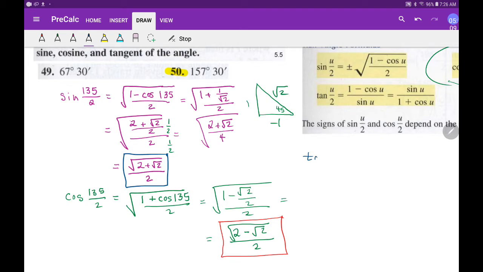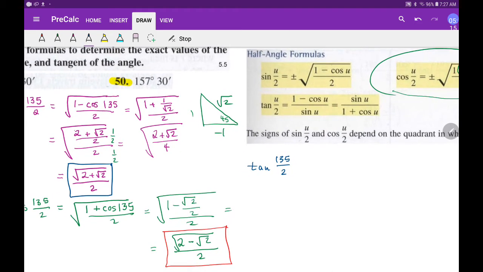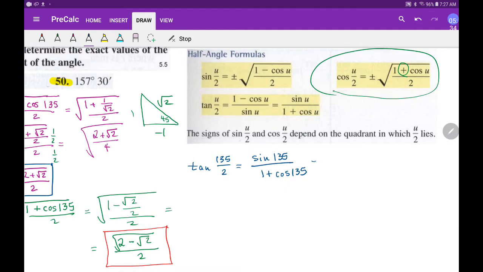The tangent of 135 over 2. Well, let's see what we have. We have some choices. What do you think? I guess we could use this one. So we'll say the sine of 135 over 1 plus the cosine of 135. All right, let's see where this goes.